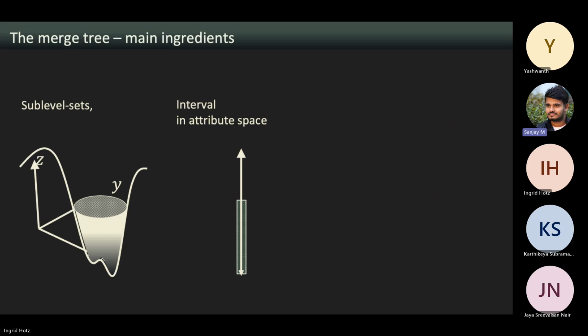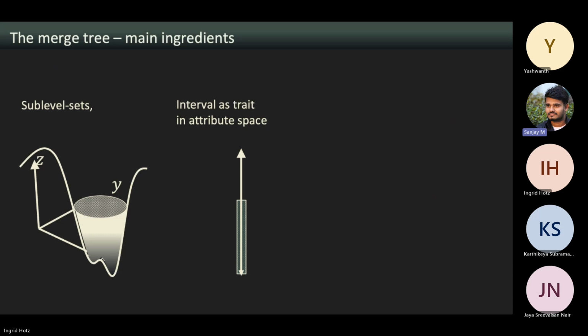So, from a more formal point of view, how we formalize this problem is we say in our tree we have some main ingredients. One is that we have an interval in attribute space, which is a sublevel set in our domain. This is just a sketch to give an idea of what this means.